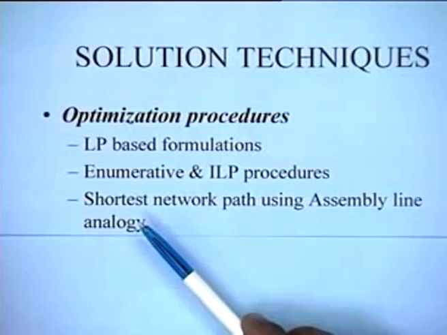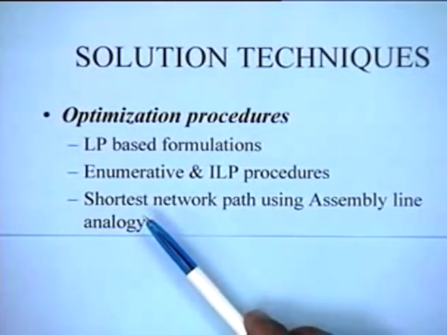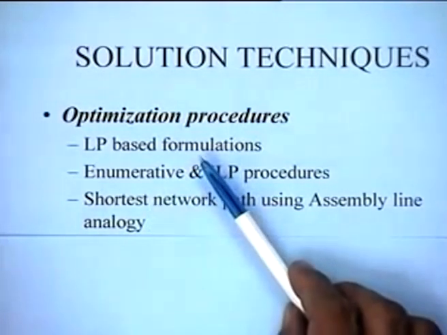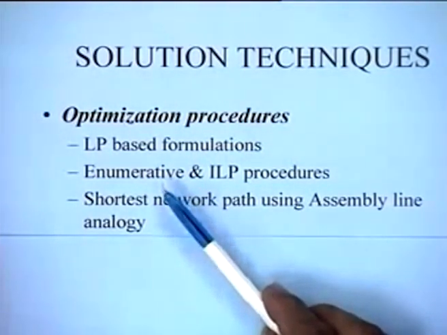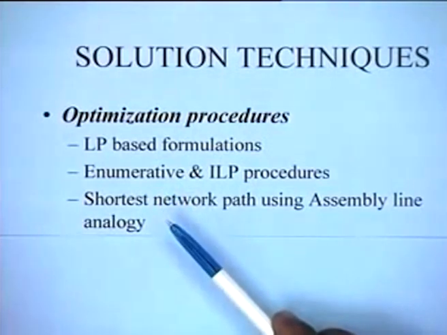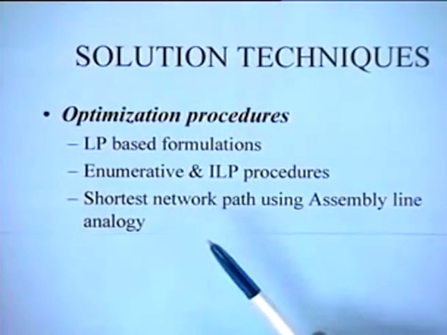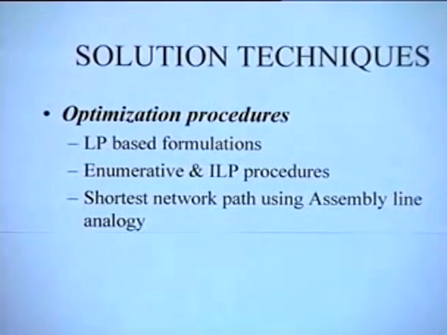They are typically demonstrated to be good for problems which may involve, let us say, 10 or at most 20 activities, because the size of the LP formulation or the number of enumerative solutions becomes very large, and therefore it is not possible to use these procedures for real life situations.